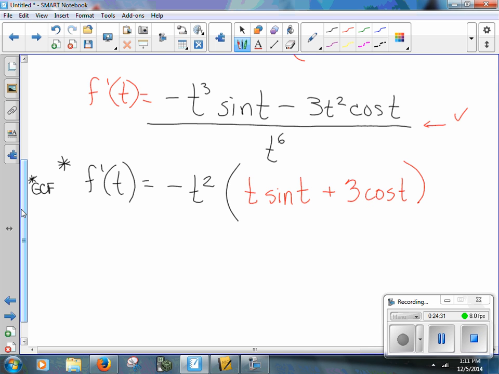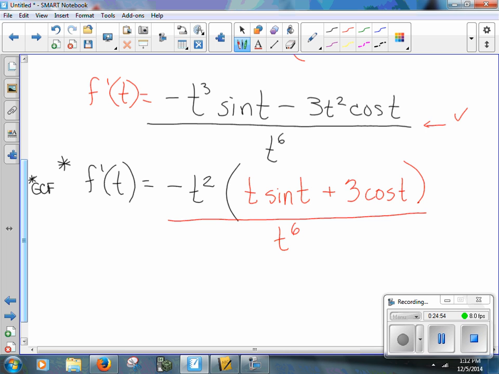Negative T squared times T sine T is negative T cubed sine T. That one's right. Negative T squared times positive 3 cosine is negative 3T squared cosine T. I'm good, okay? Over T to the 6th.